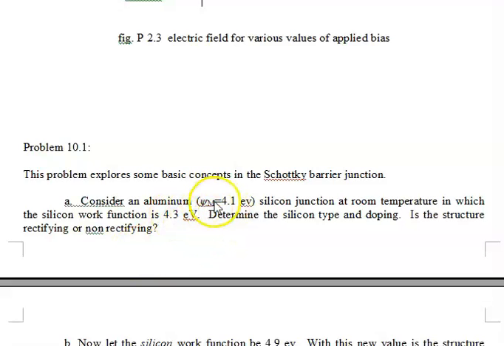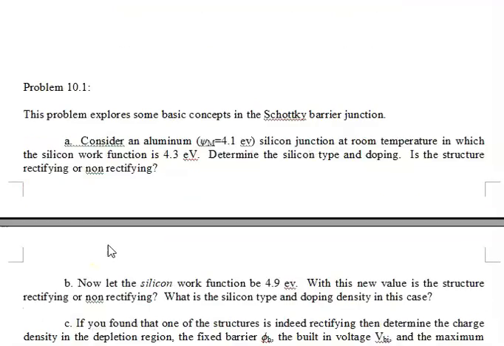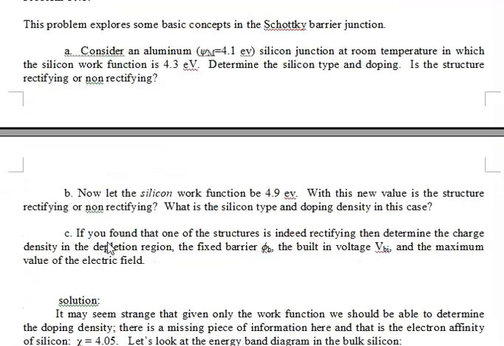In this case, it's the opposite. The metal work function is actually smaller, so electrons will flow from the metal into the silicon. So I would say that the structure is non-rectifying. It's one of those unfortunate cases where we really don't have much of a device at all, which of course leads us into part B.